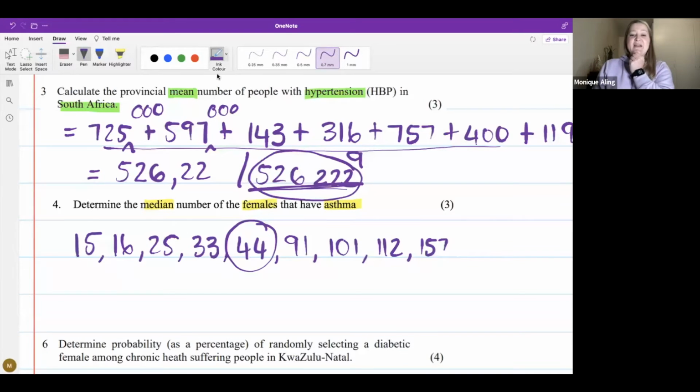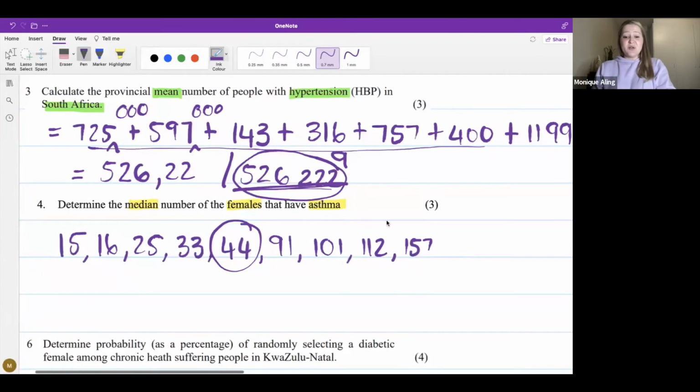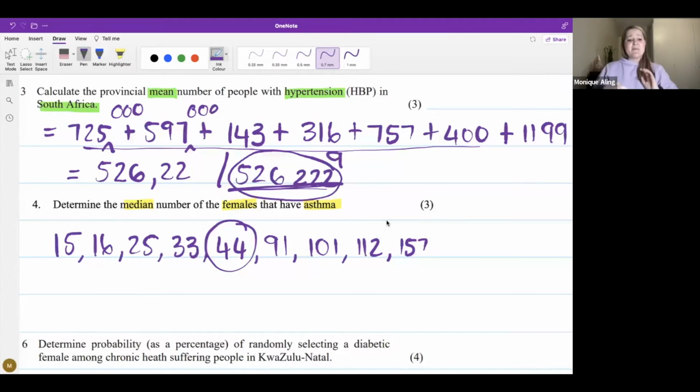Another way that you can determine which is the middle number is to count how many numbers we have. We have 9 numbers, so exactly halfway would be 4.5. There are 4 numbers on either side of 44.